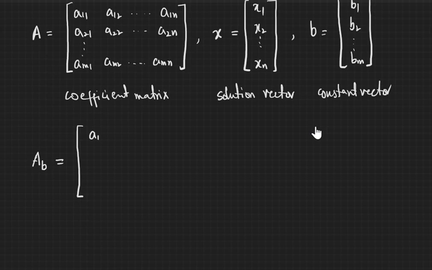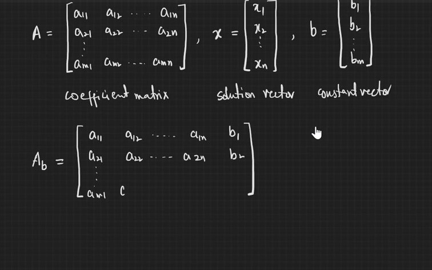So that is written as A11, A12 up to A1n, B1, A21, A22, up to A2n, B2, up to Am1, Am2, up to Amn, Bm.